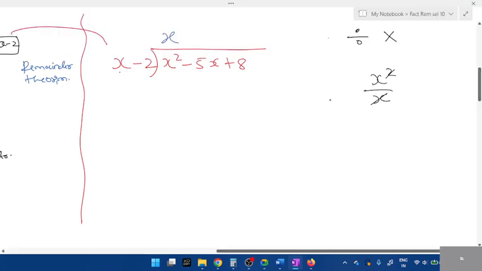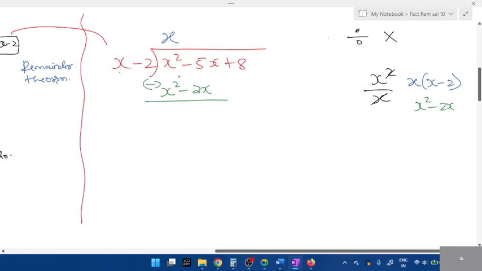Next, go with multiplication. Which one do you have to multiply? This along with this. Look here. x into x minus 2. What is x into x minus 2? x square minus 2x, right below. x square minus 2x. Now change the sign.